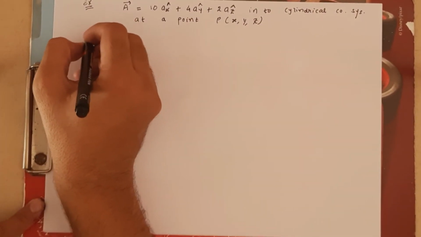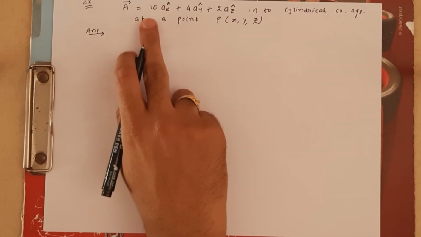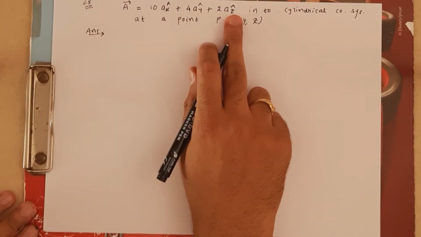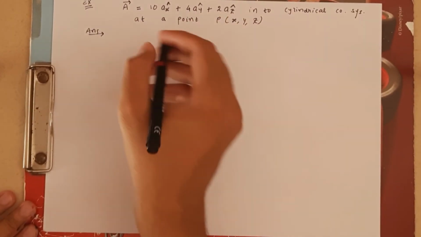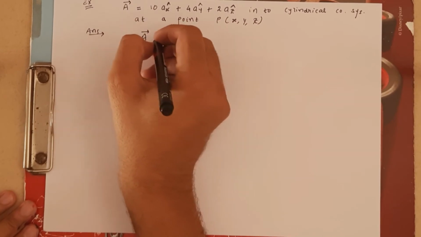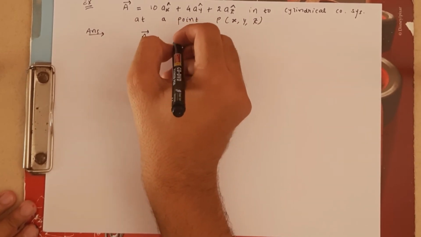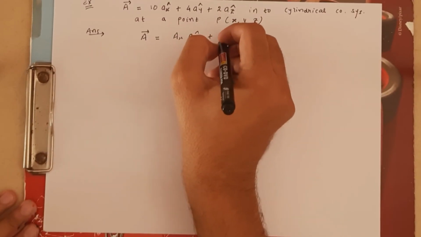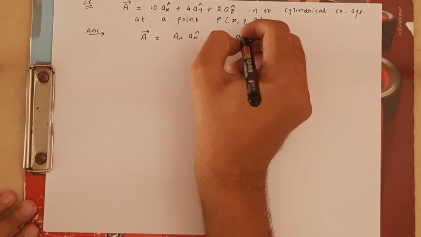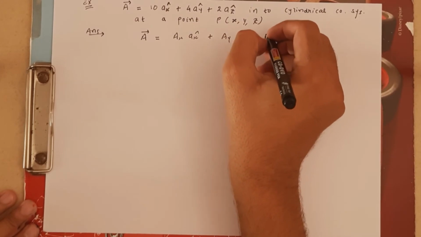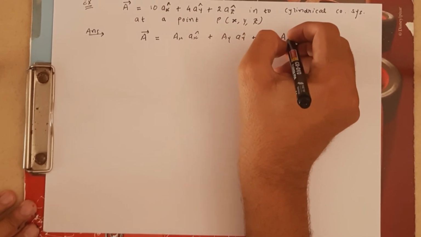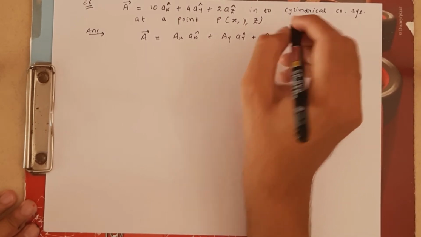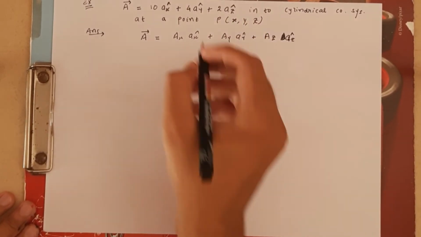Okay, so now the solution. The vector is given in which coordinate system? This vector is given in x, y, z, meaning the Cartesian coordinate system. So here vector A is equal to capital Ax ax plus capital Ay ay plus capital Az az.